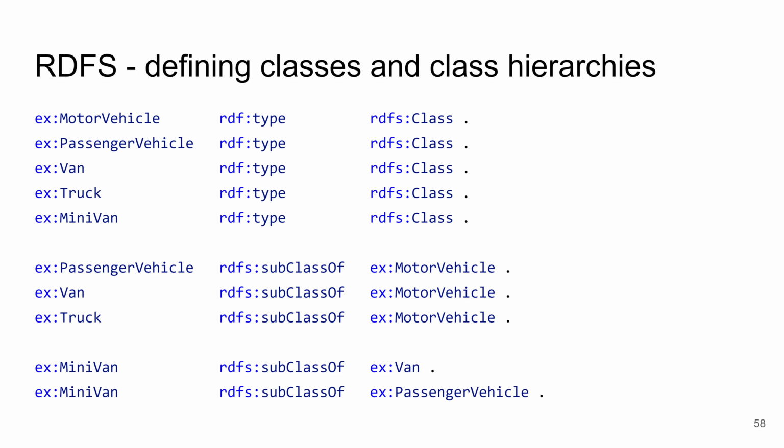So here we'll create a few classes and some class hierarchy. We'll create a motor vehicle, a passenger vehicle, a van, a truck, and a minivan. All those will be of a type RDFS class. This means that we can then use, for instance, xvan as an object of a triple in data where a specific van will be of a type xvan.